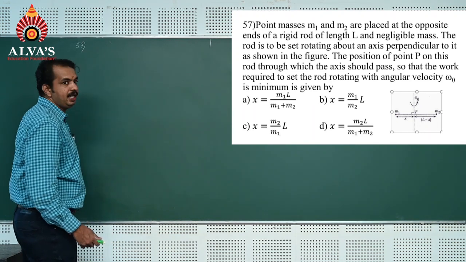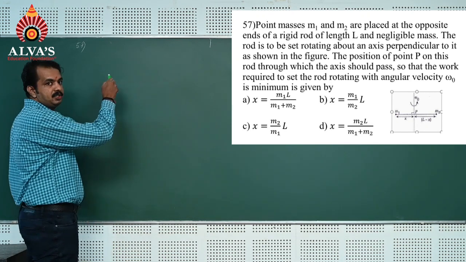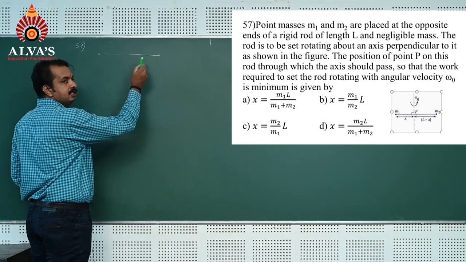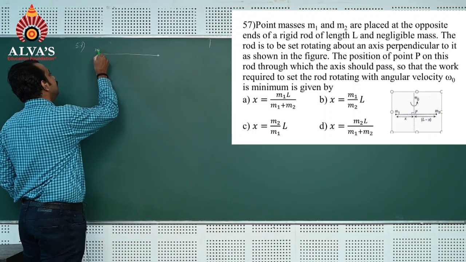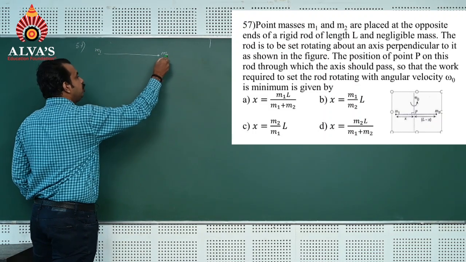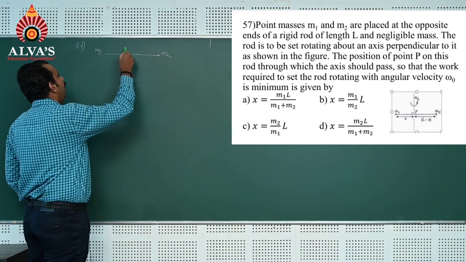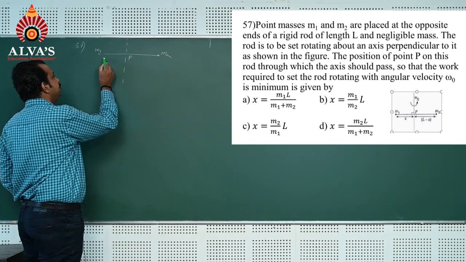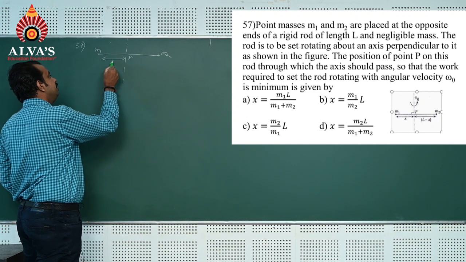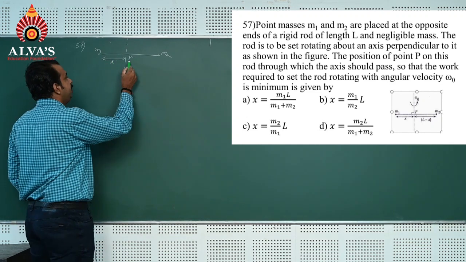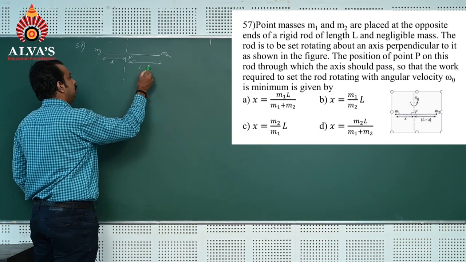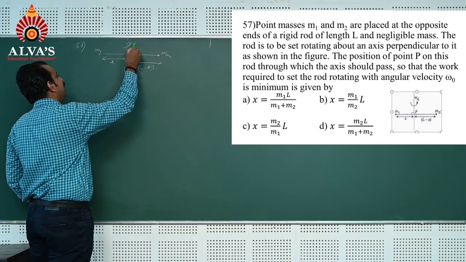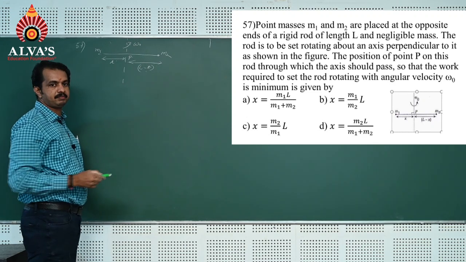To find that, we can just consider the diagram once. Say there are two point masses M1 and M2 at the two ends of the rod, and the axis passes through point P. The distance from one end is x, the distance from the other end is L minus x, and it is rotating with angular velocity omega naught.